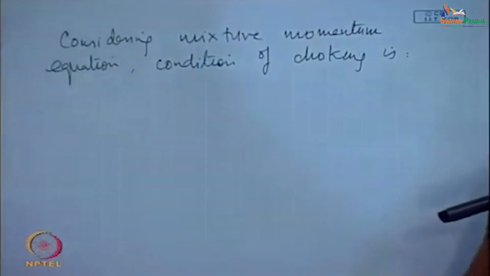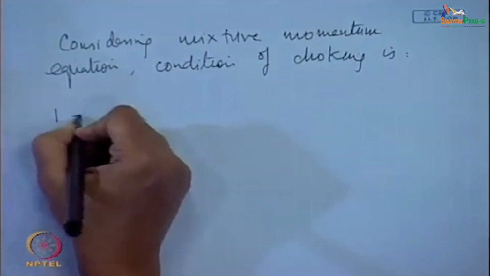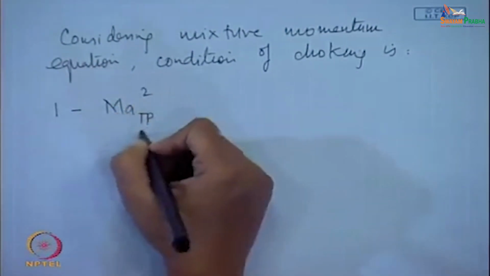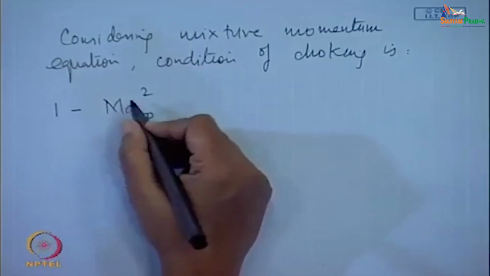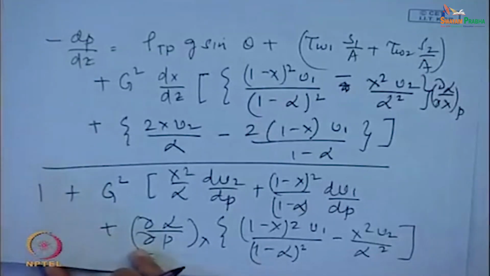We find that the condition of choking in this particular case, naturally then this becomes 1 minus MATP square. This is the two phase Mach number square. This should be equal to the denominator which I had obtained in this particular case. Okay.